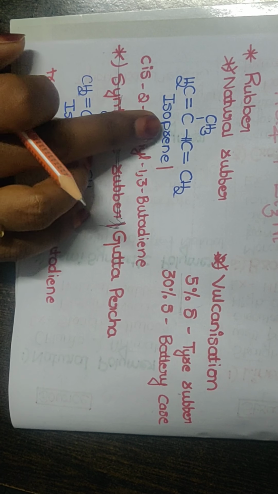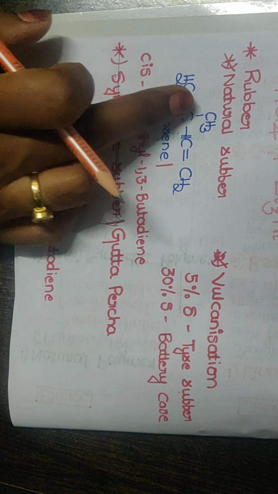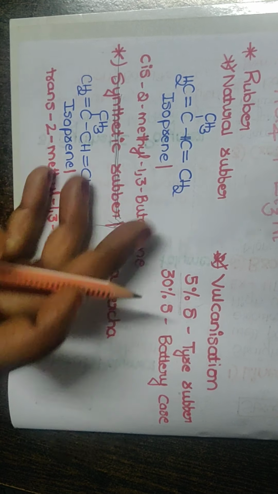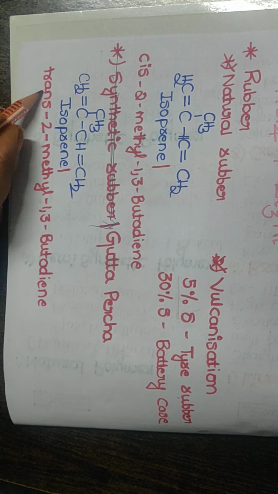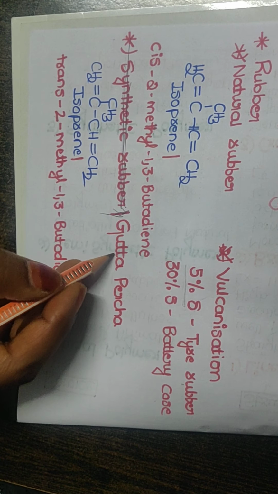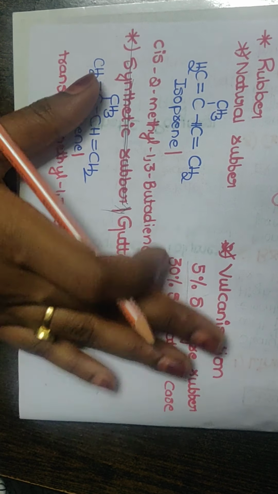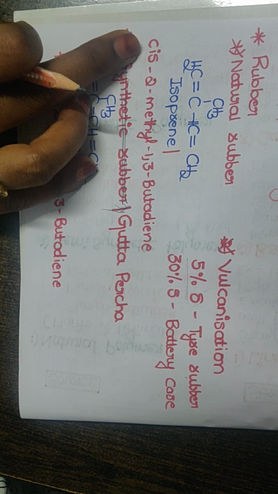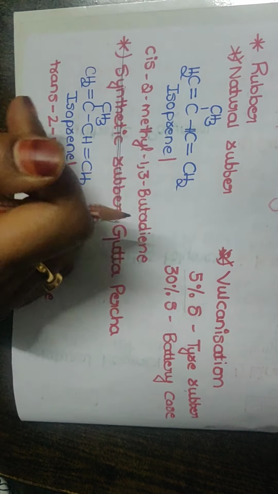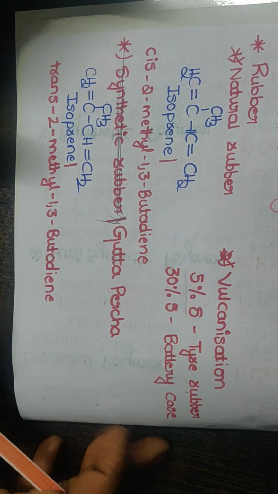Isoprene in cis form is called natural rubber, whereas isoprene in trans form is called Gutta-percha. So Gutta-percha is the trans form, whereas natural rubber is the cis isomer. Got my point? This is the difference between natural rubber and Gutta-percha. Let us move on to rubber.